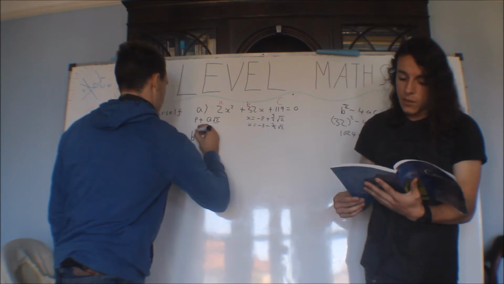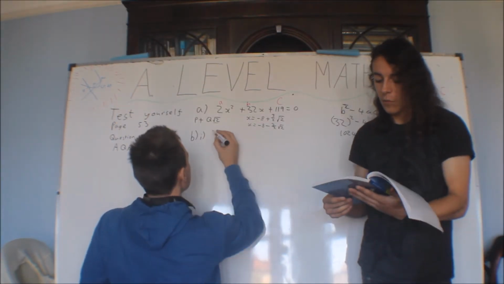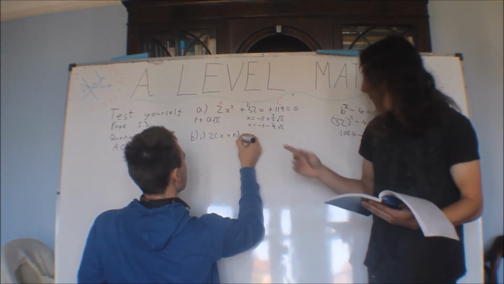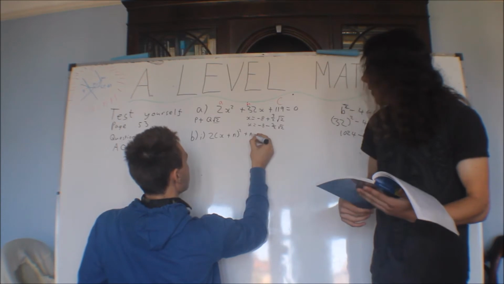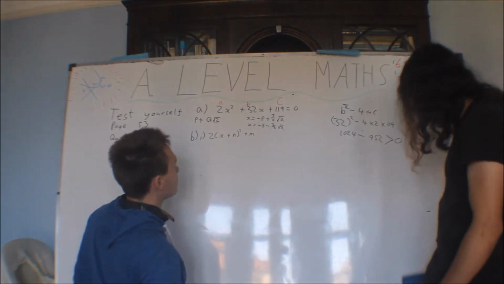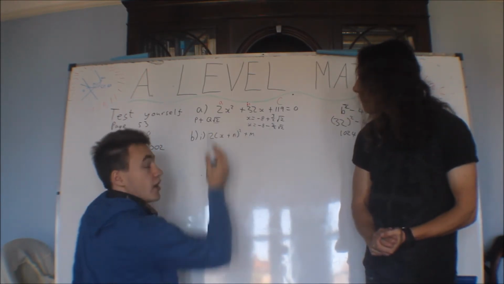So, B has 2 parts, and that is putting it into completed square form. That wants it in the form 2 lots of x plus m, squared, over n, all in brackets. Now, we did miss a little bit when we spoke about the formula of completing the square. And that little bit is if the coefficient of x squared is greater than 1.